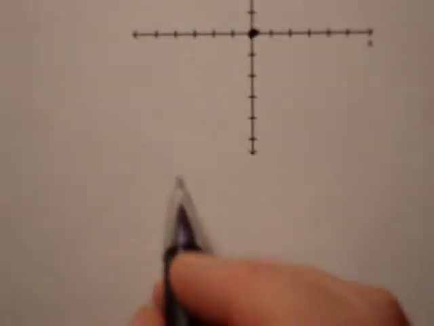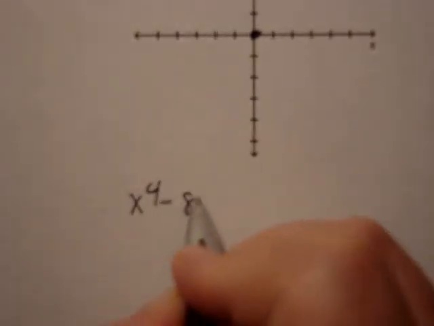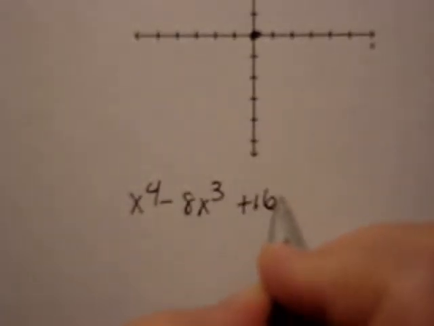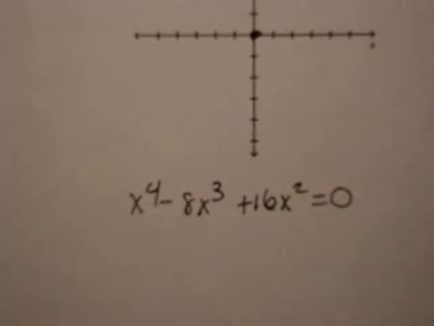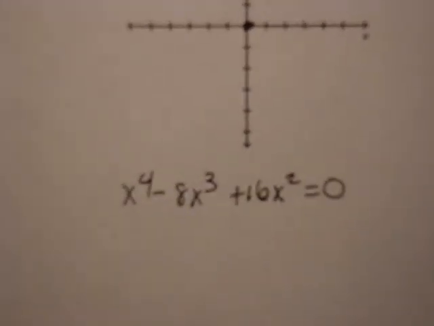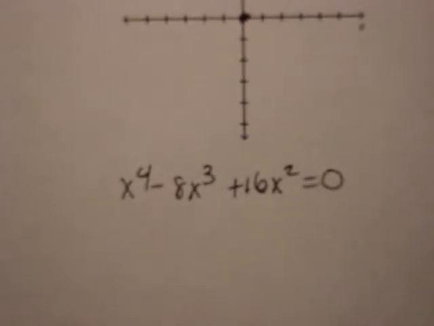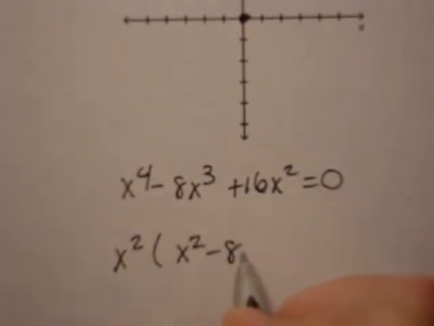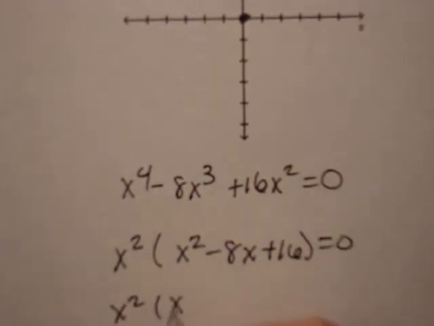Now let's find our x-intercepts. I'm going to take my polynomial of x to the fourth minus 8x to the third plus 16x squared and set it equal to 0. Remember, first thing you always do when factoring is greatest common factor. Factor out the x squared, I'm left with x squared minus 8x plus 16, which conveniently factors into x minus 4 times x minus 4.